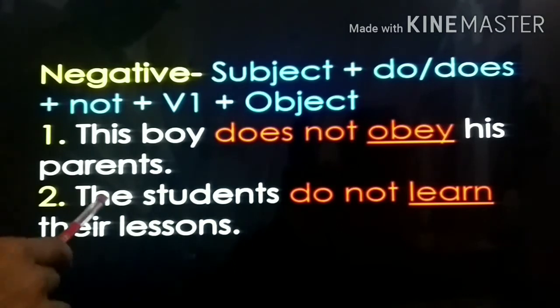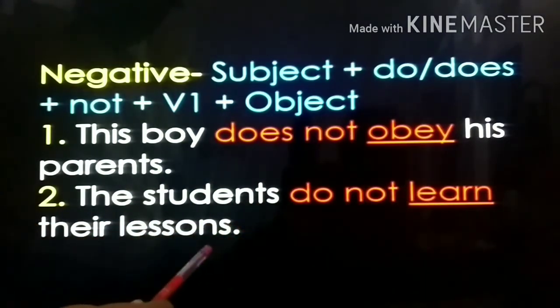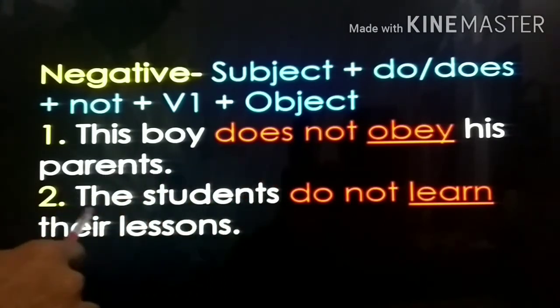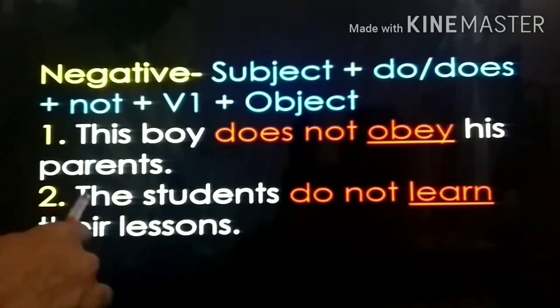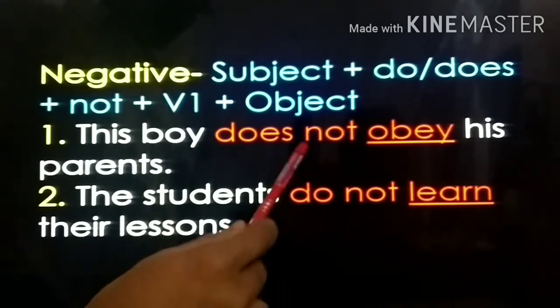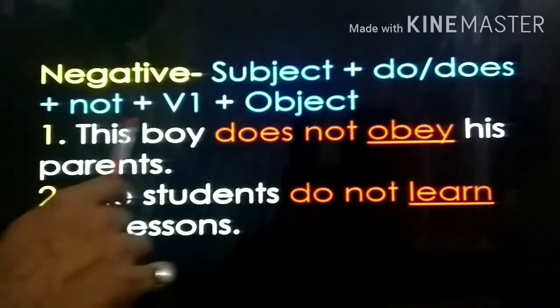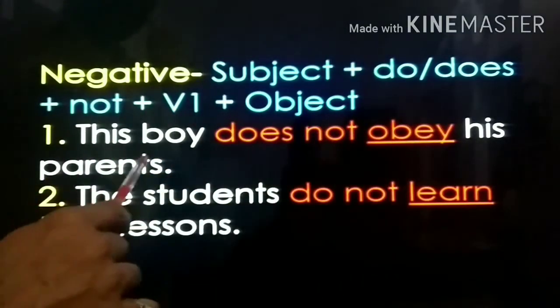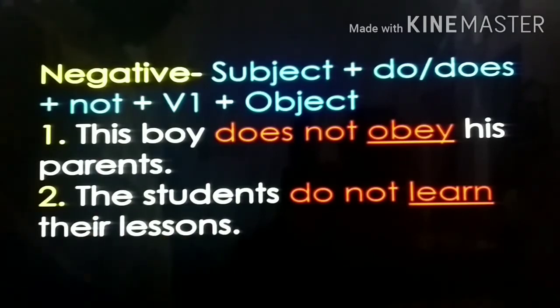Now second sentence: the students do not learn their lessons. See the subject. The subject is students. It means this is plural number, and when the subject is plural number we use do. So now clear: subject, do or does, not, first form plus object. This boy does not obey his parents. The students do not learn their lessons.